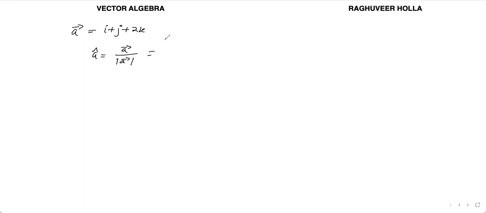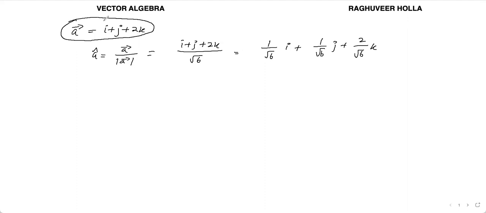So that would be i plus j plus 2k by root 6, or it can be written as 1 by root 6 i plus 1 by root 6 j and 2 by root 6 k. So this is a unit vector in the direction of vector a.